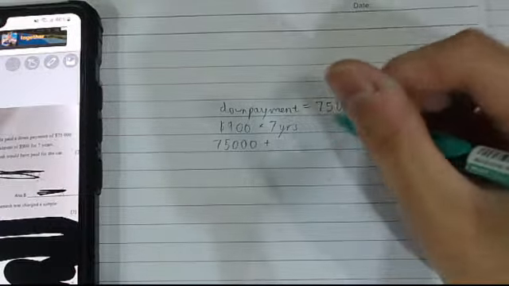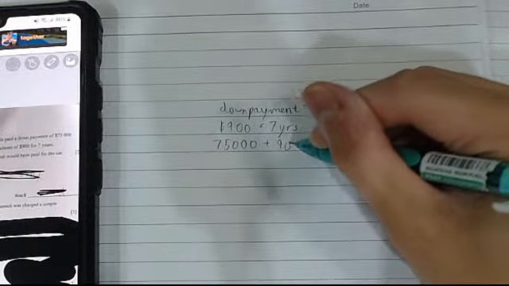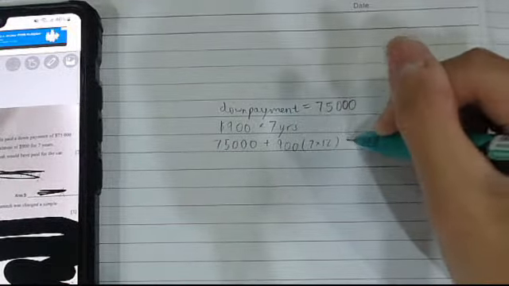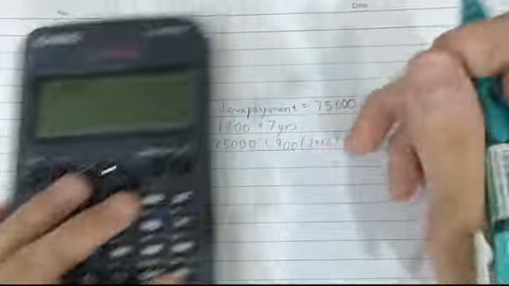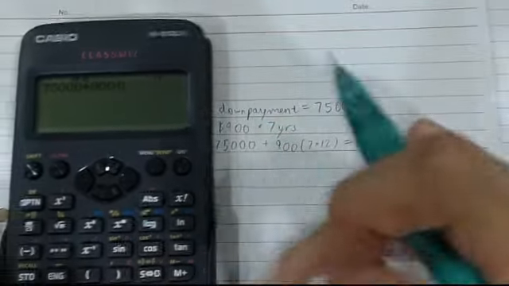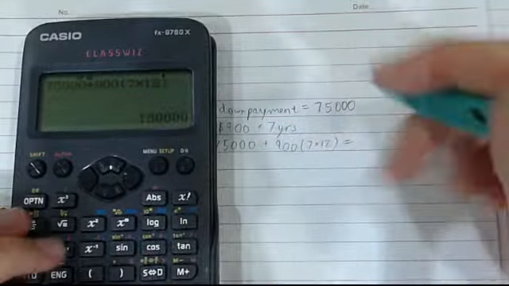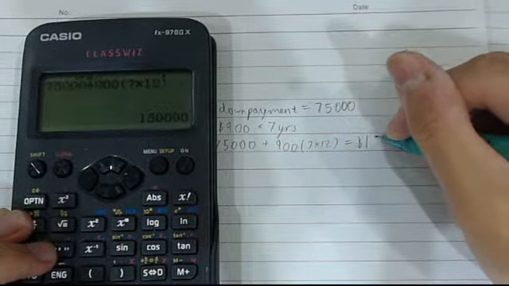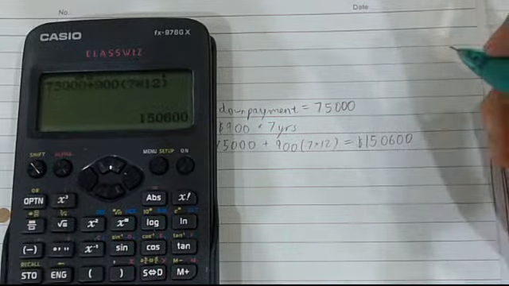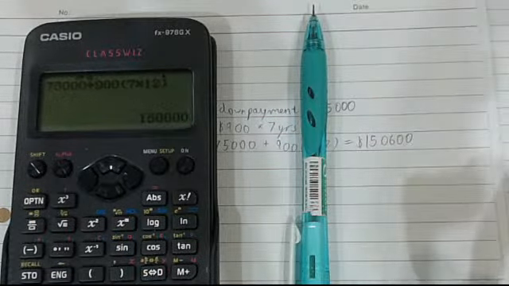So that's 900 times 7 times 12. If I just put this into my calculator here, it should be 150,600. And you don't 3SF it because this is emath.